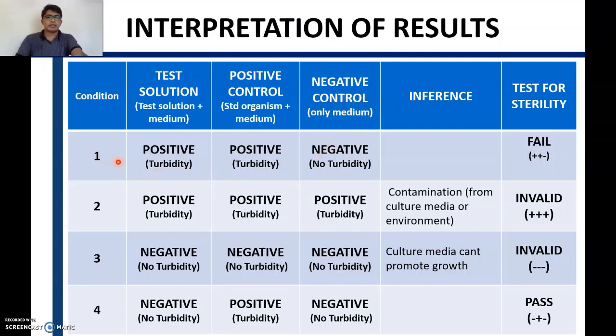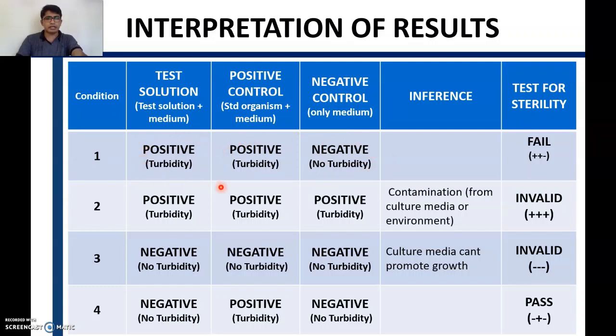First, we have a chance of getting a positive result, that means turbidity during or after 14 days in the test solution, and turbidity in the positive control, and a negative result, no turbidity, in the negative control.